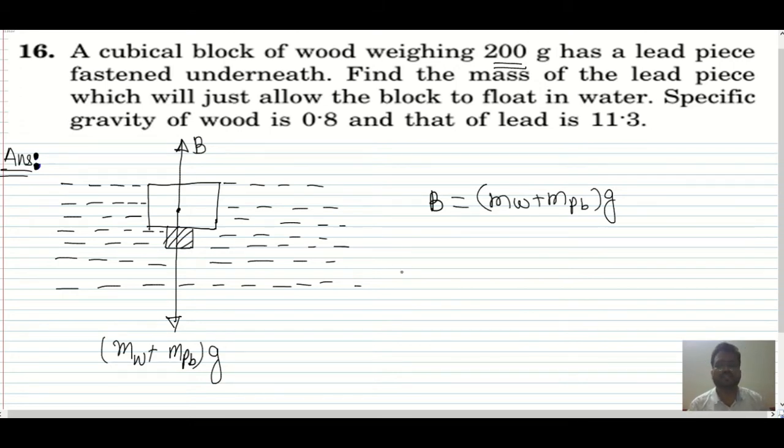What is buoyant force? Density of the liquid, it is 1, because density of the water is given. Volume displaced is volume of wood plus volume of lead into acceleration due to gravity is equal to mass of wood, which is given 200 gram, plus mass of lead that we need to calculate into the acceleration due to gravity.